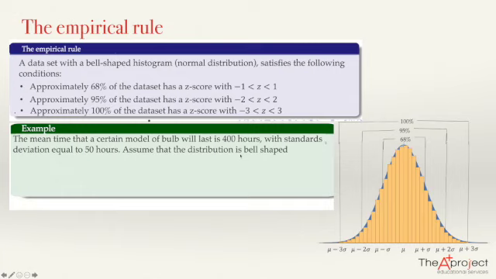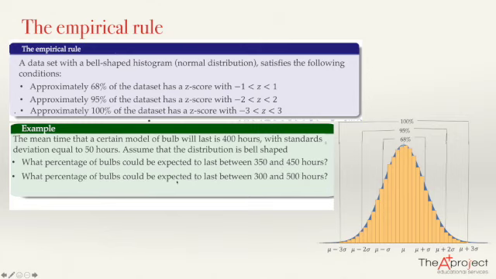And we have these questions. What percentage of balls could be expected to last between 350 and 450 hours? What percentage of balls could be expected to last between 300 and 500 hours? And finally, what percentage of balls could be expected to last longer than 500 hours?